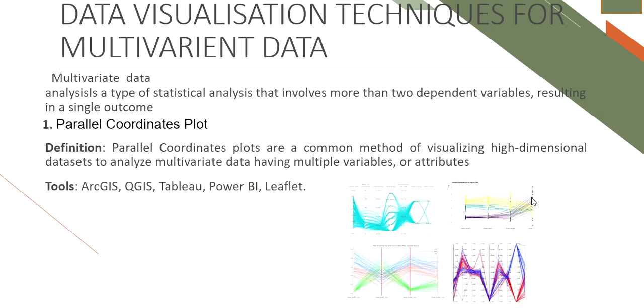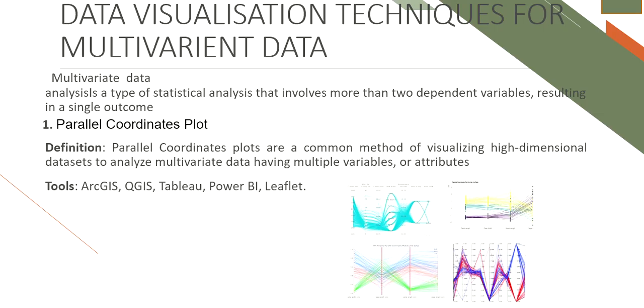In Power BI also we have multivariate data representation. If you purchase the paid version of Power BI, then you can go for parallel coordinate plots. So the tools will be provided.